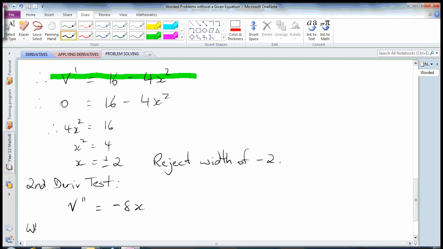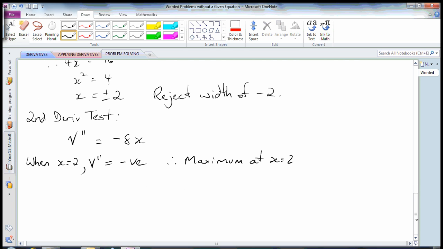Now when x is equal to 2, my second derivative will be a negative number. I don't really care what the value of that is, but it'll work out to be a negative number because of that negative 8. So therefore, it's going to be a maximum. So I've shown that there is a maximum when the width is equal to 2.